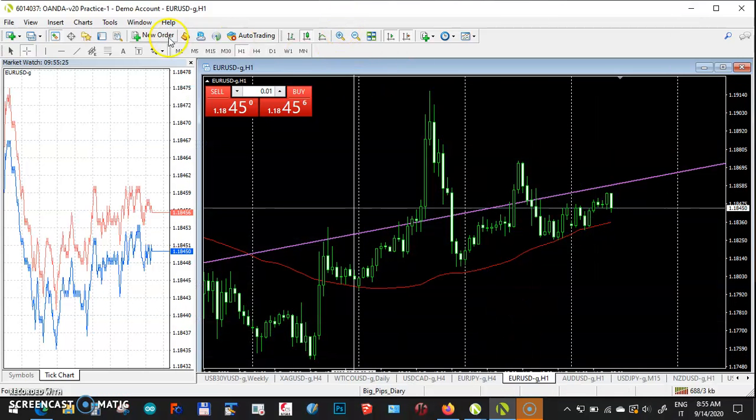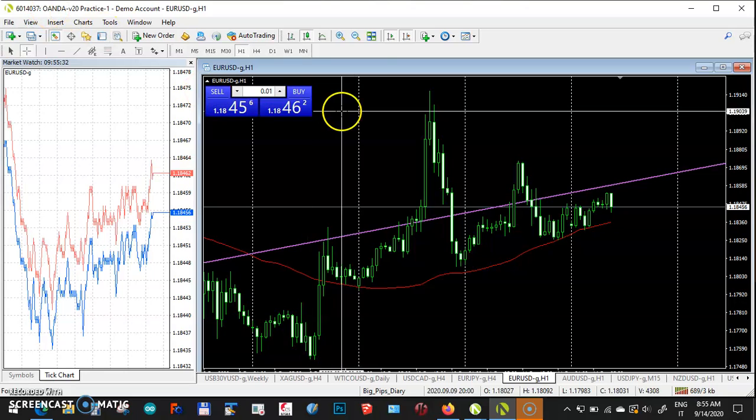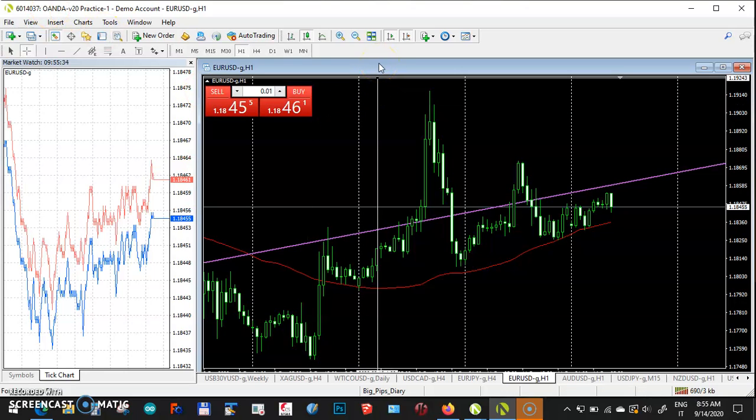This is my chart. This is my practice demo account with one broker, so it is a real account, but with fake money at the moment.